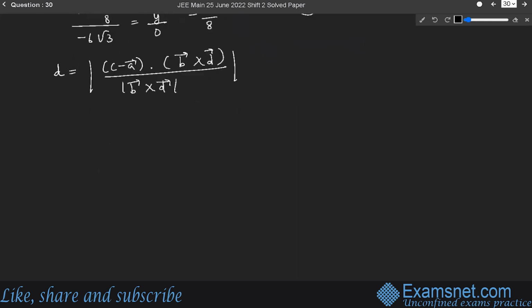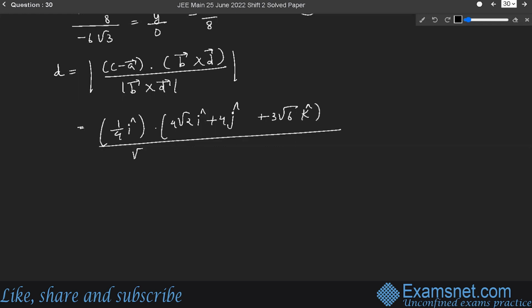So this will be equal to 1 by 4 i cap into (4 root 2 i cap plus 4j cap plus 3 into root 6 k cap) whole divided by under root of (4 root 2) whole square plus 4 square plus (3 root 6) whole square.